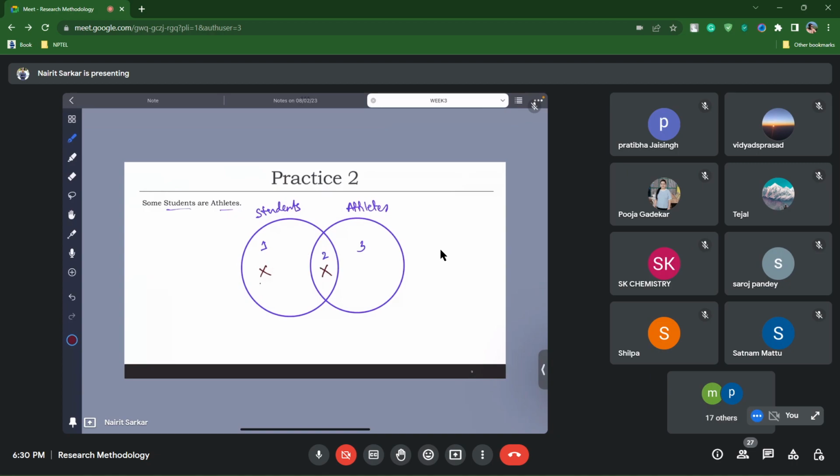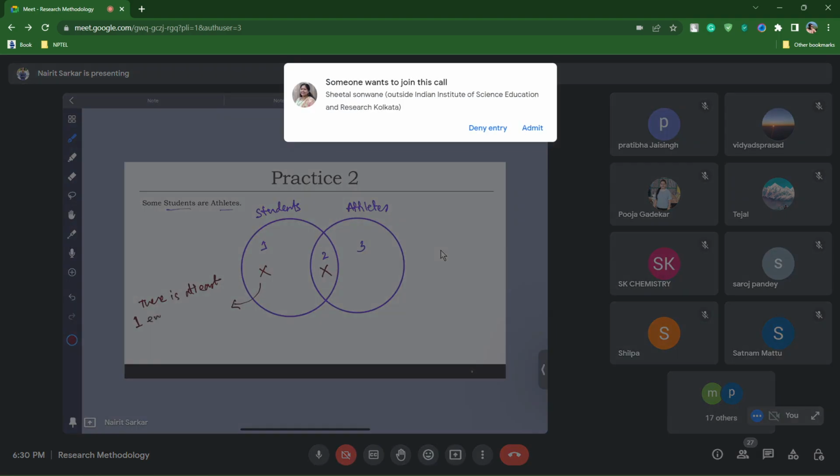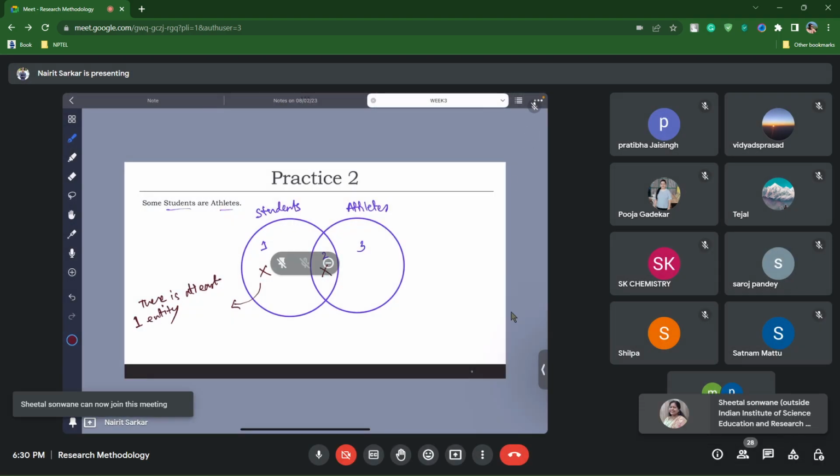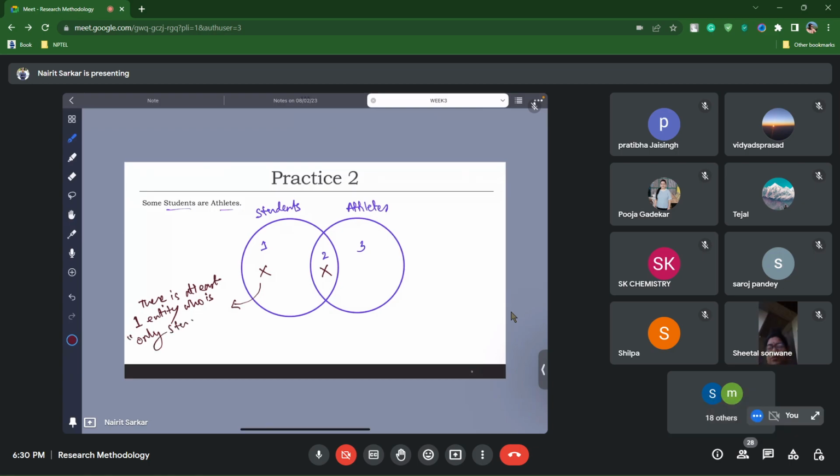Cross in 1 means there is at least one entity who is only student.